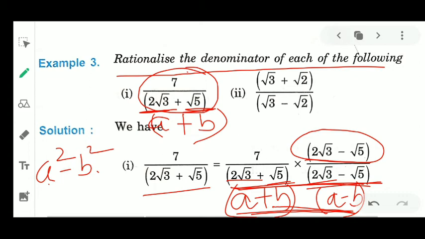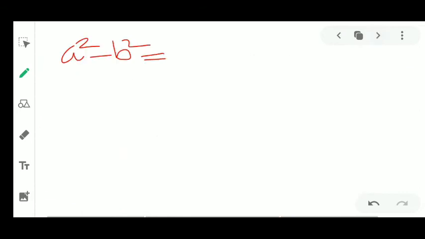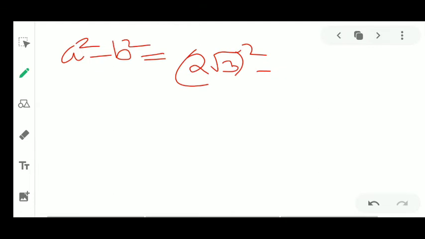A square minus b square. A is what? 2 root 3. Here 2 root 3 is a. So (2 root 3) square minus b, which is root 5, square of root 5.